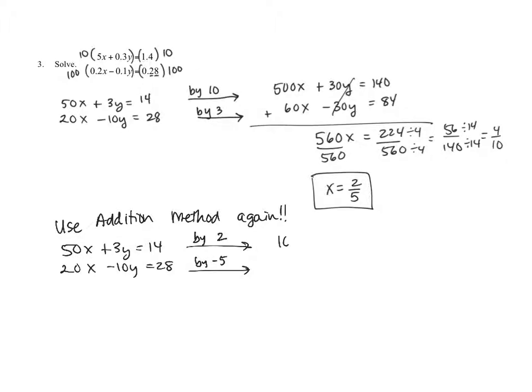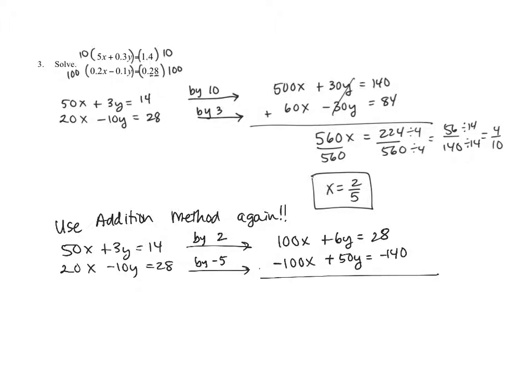And so I would get 100x plus 6y is equal to 28. And then multiplying the second one by -5, I would get -100x plus 50y is equal to -140.